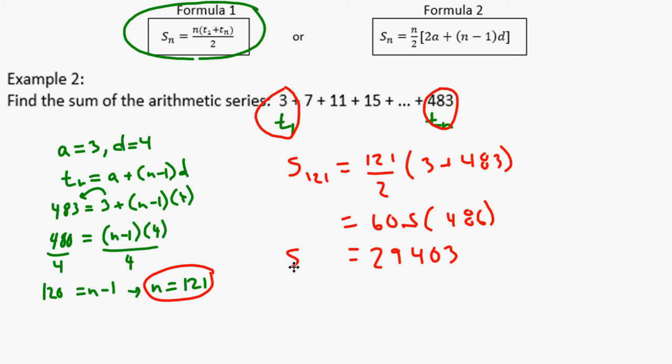So S of 121 is equal to that, and that right there is my final answer. So this is the sum of the series. All right.